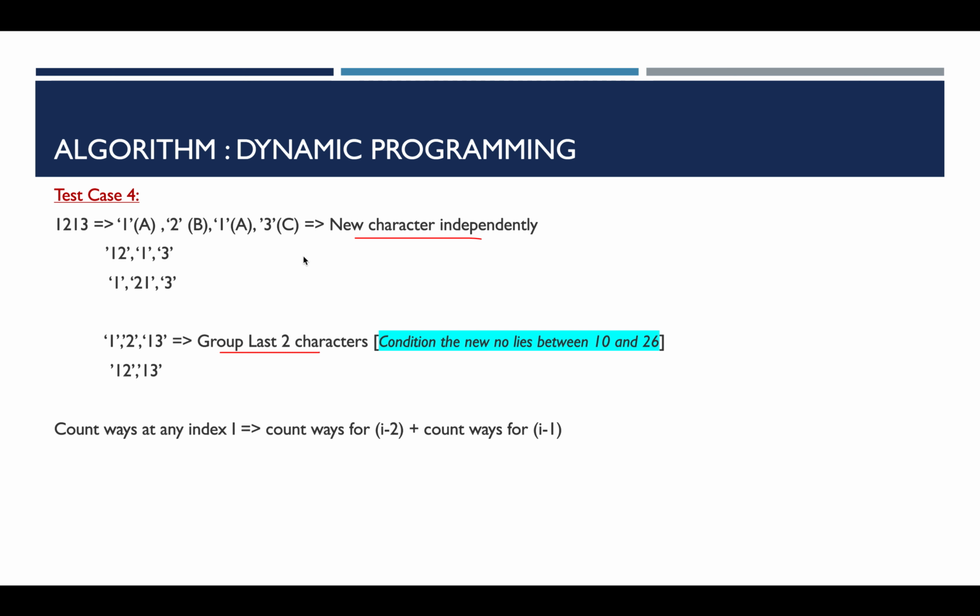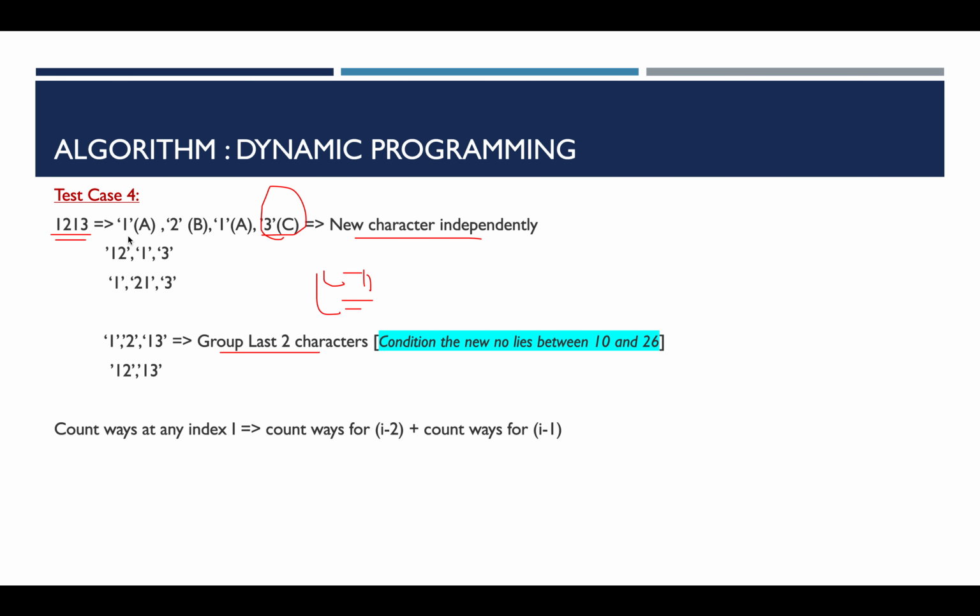When you treat each character independently, suppose the input string is 1213. Now 3 gets added, that means the last character will be treated independently. So whatever the total permutations possible from the start till the i minus 1 position will govern one part of the answer.